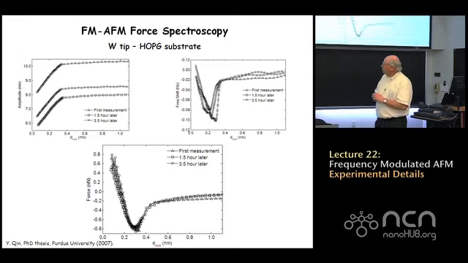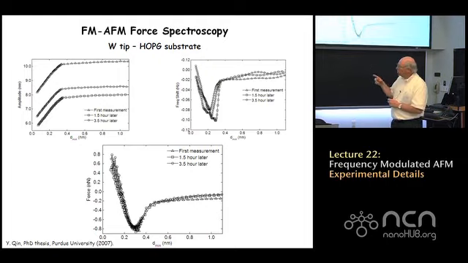What I show here is the amplitude of the tuning fork in the upper left panel of data. I show the frequency shift that we measured using these phase lock loops for this tuning fork as this tungsten tip was brought closer to a highly oriented pyrolytic graphite substrate.